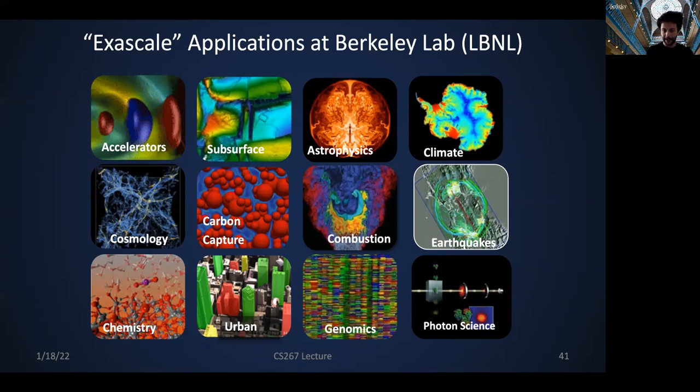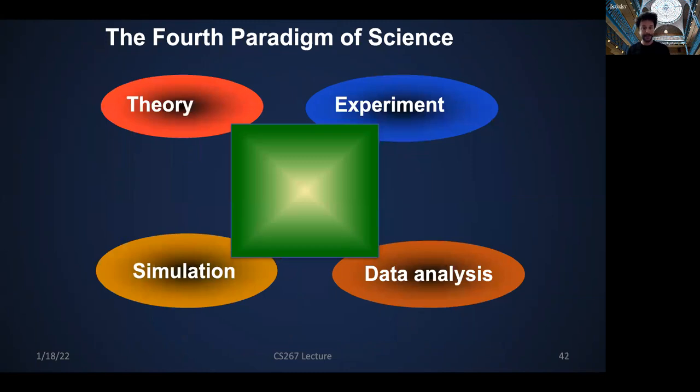In this picture, the last two are not simulation projects, the genomics and photon science. And we're going to talk a little bit about the genomics case in the high performance data analytics part in a couple of minutes. Okay, so we covered simulation and how high performance computing can be used in that.